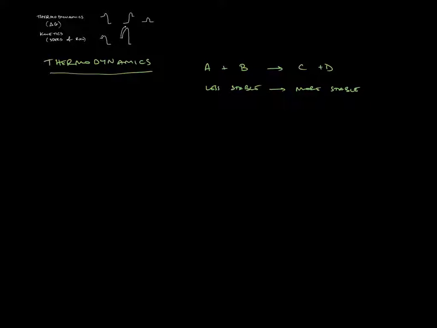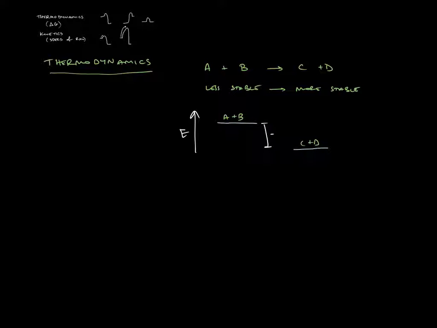And what we would see in this case is that comparing energy over the course of the reaction, we would go from a less stable situation, which is higher energy, to a more stable condition, which is lower energy. So I'll put my A and B up here, and my C and D down there. And so over the course of this reaction, you would go down in energy.